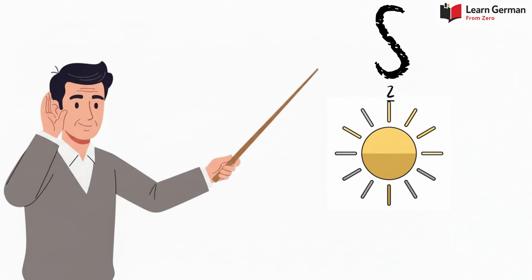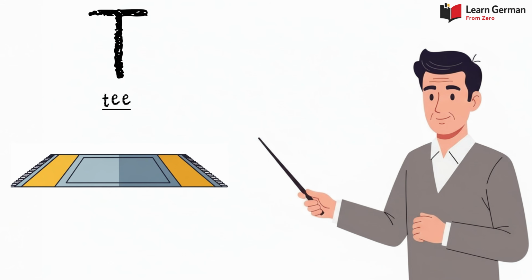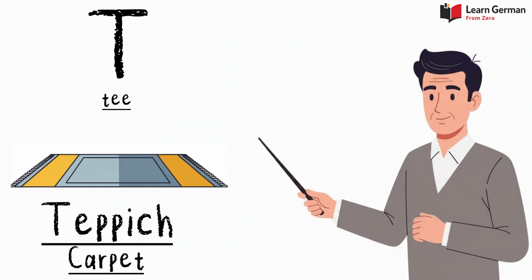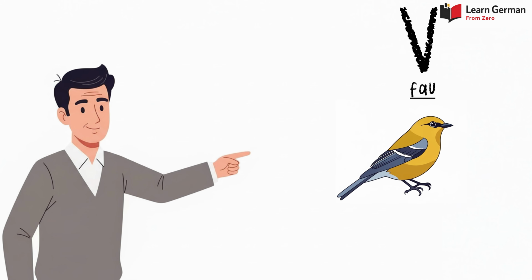Here's another interesting one. S often sounds like Z. Sonne. Repeat. Sonne. T. Repeat. T. Teppich. U. Repeat. U. Uhr. V. Sounds like F. Repeat.